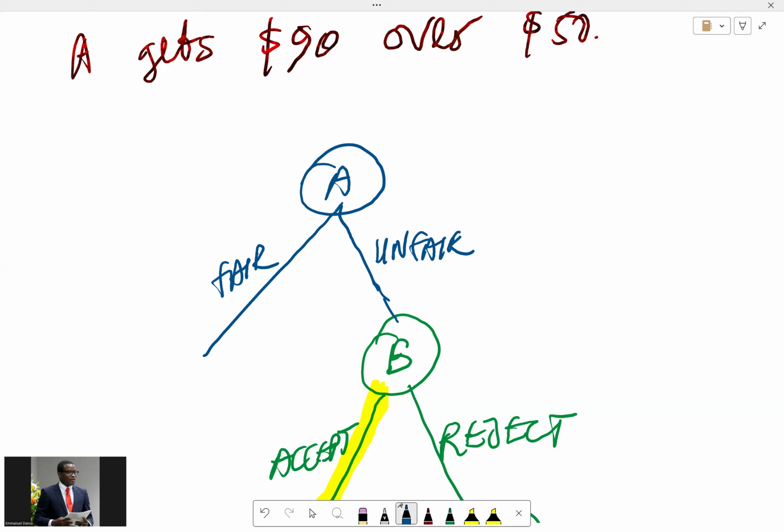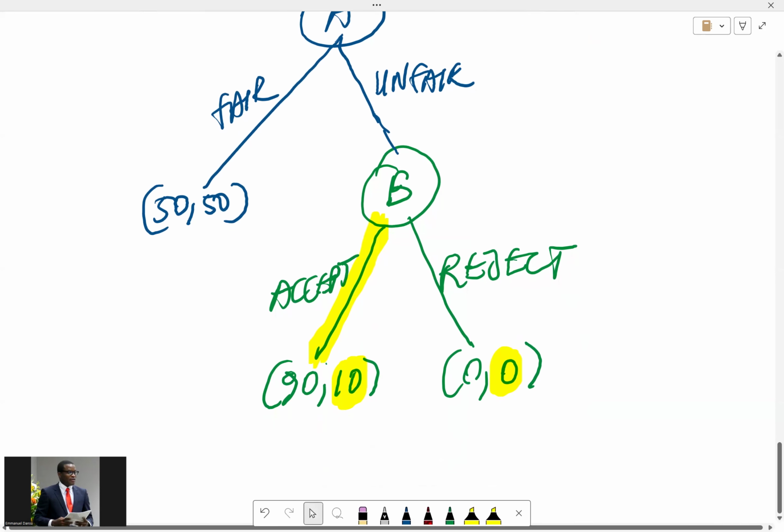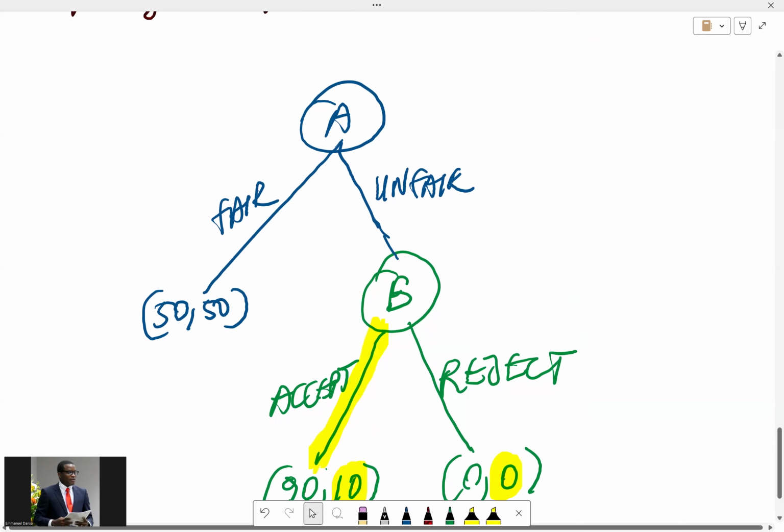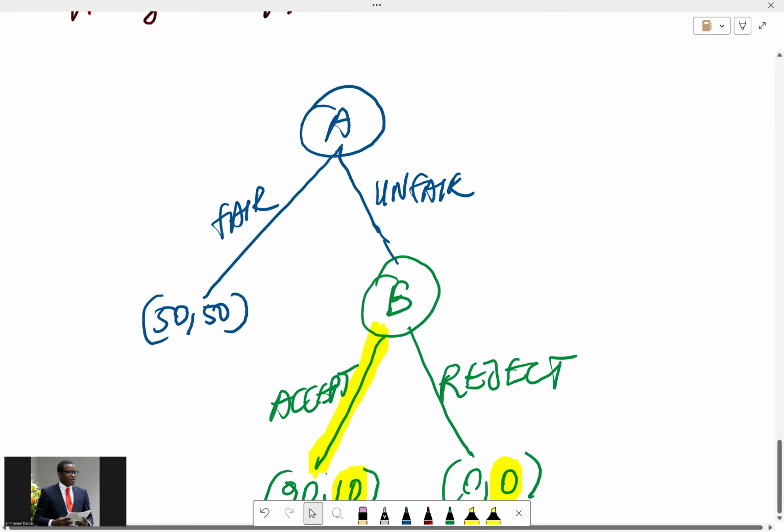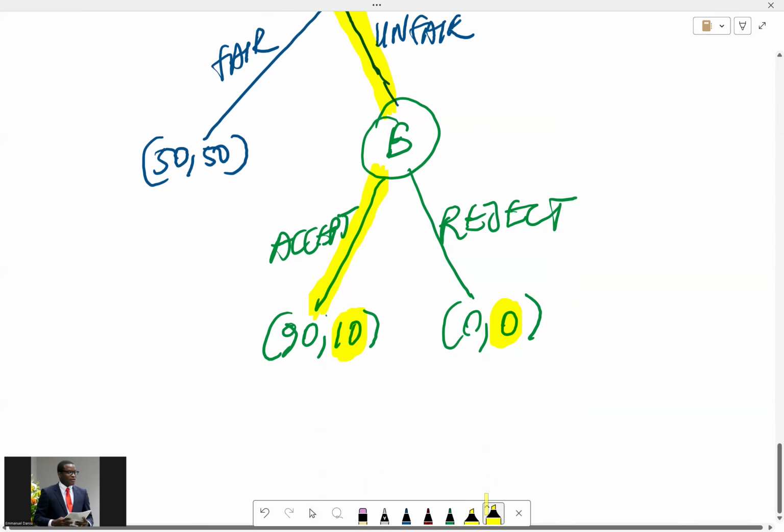If A chooses to be fair, they both have 50-50. But since A already knows that B would rather choose 10 over 0, then he can take his chance to be unfair. And this is the idea of backward induction. So at the end of the day, we have our result as 90-10, even from backward induction.